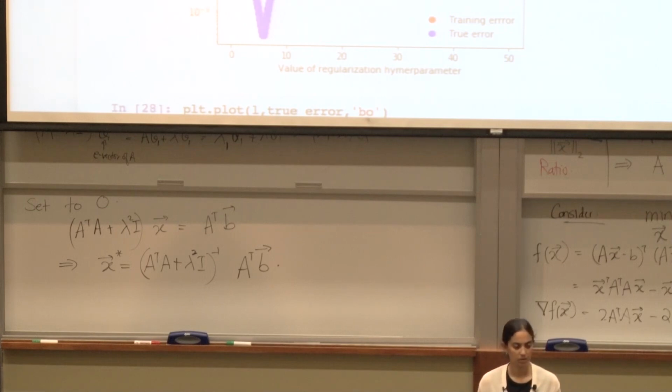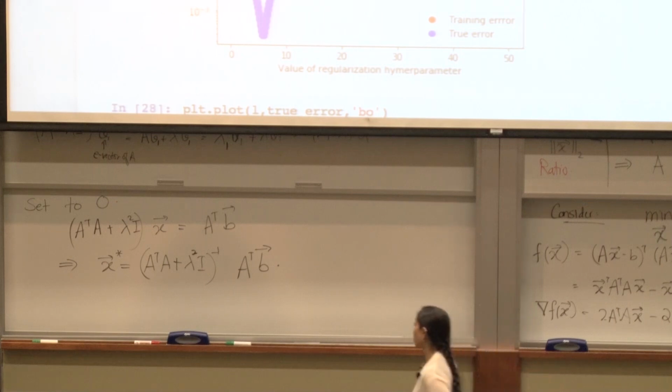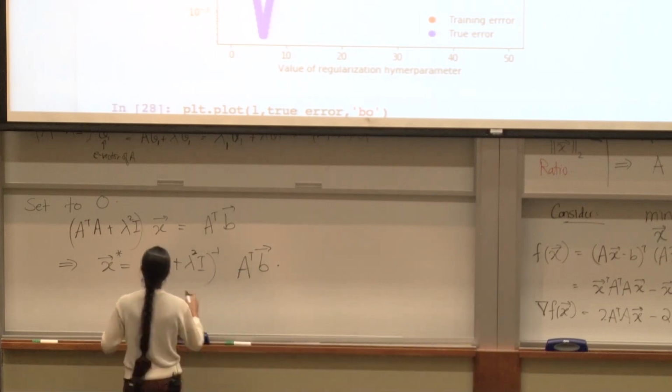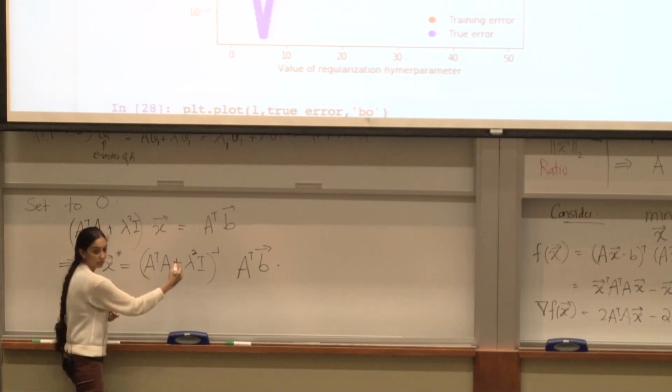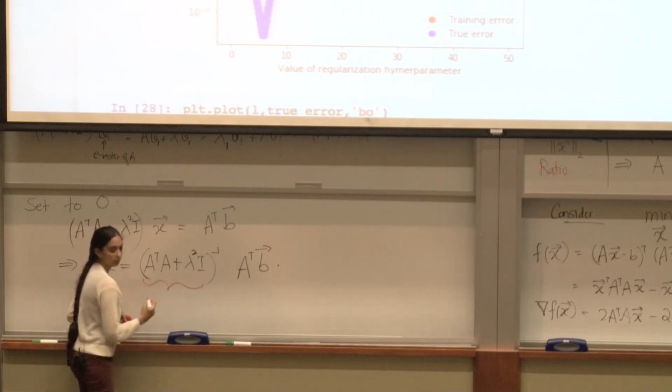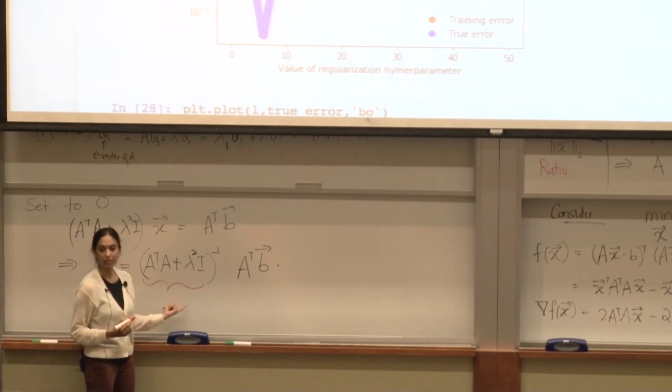When I'm looking at the invertibility of this matrix, I know that every single eigenvalue is lower bounded by lambda squared. So this matrix is guaranteed to be invertible because lambda squared is positive. It's a good question.